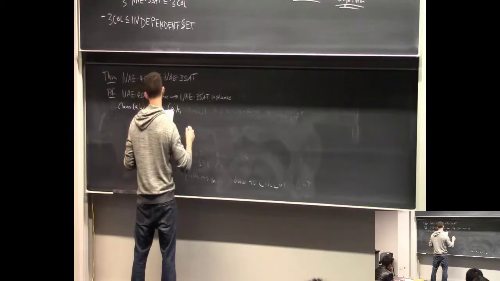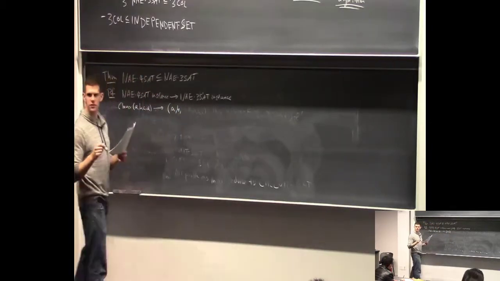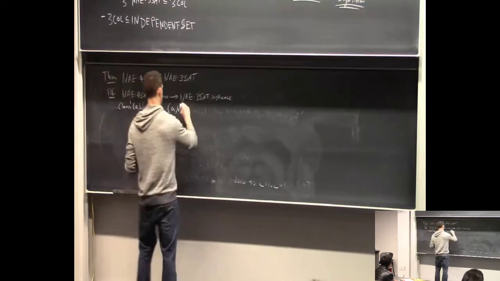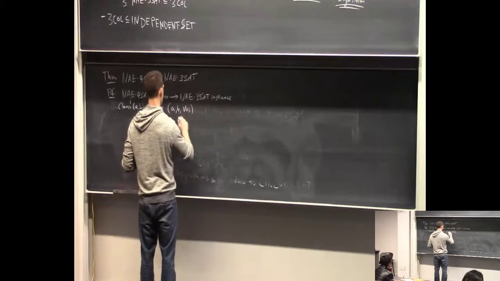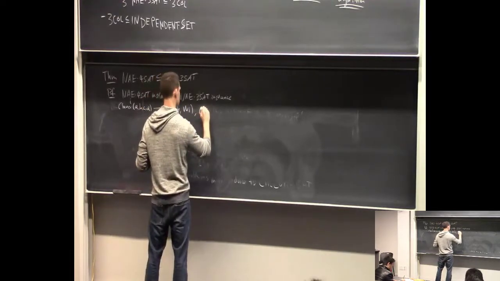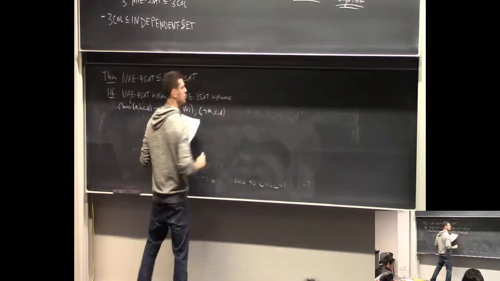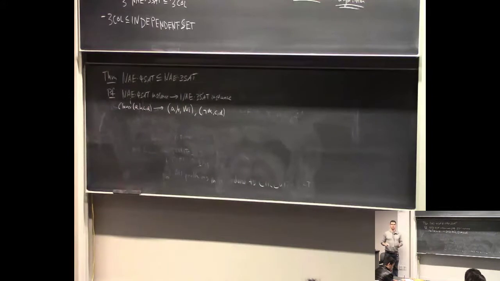I'm going to add a new variable wi, one new variable for every clause i. So we'll call this clause i. And the 2 clauses we're going to look at are A, B, wi and not wi, C, D. So we're going to go through our instance, take every one of our clauses, which have these 4 variables, and construct our new instance by breaking them into 2 3-variable clauses with this extra variable wi.